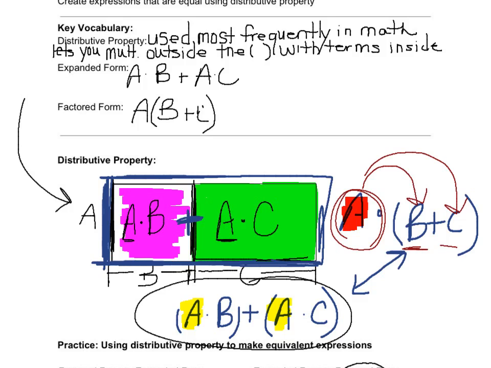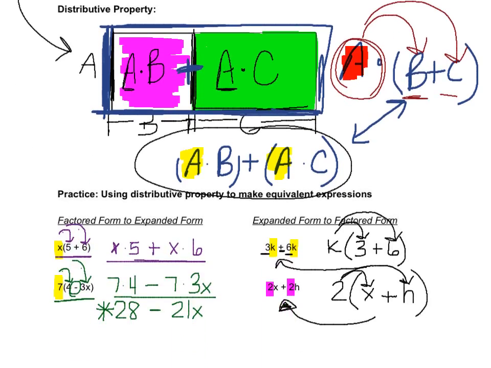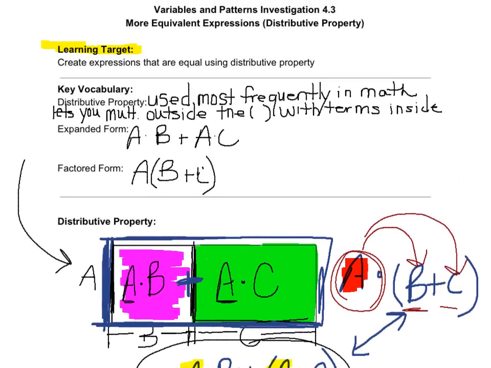So again, that's not much of a definition. And just like with distributive property, I will never ask you to define expanded or factored. What I would do would be to give you examples down here at the bottom, where I would ask you, in this case, to go from factored and you would give me the expanded form, or vice versa, where I give you expanded and I would expect you to be able to turn it into factored.